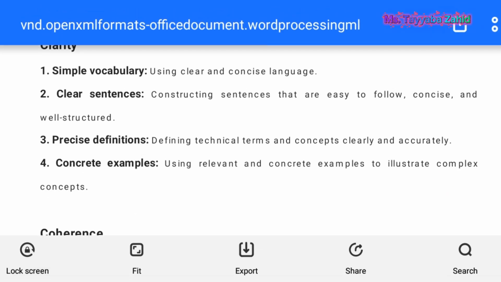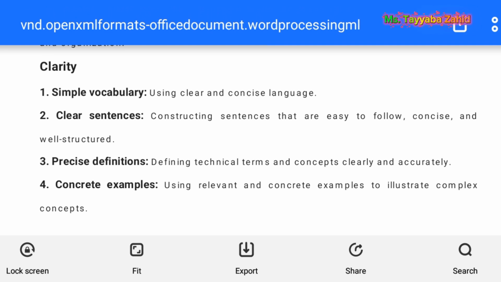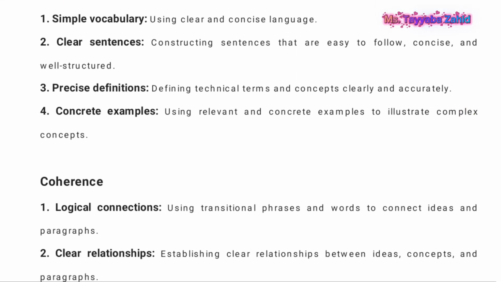Clarity means that first of all, you people have to use the simplest form of language, an understandable form of language. Your vocabulary should be clear. Your vocabulary should be understandable for your reader or for your audience. You are responsible to use simple sentences. Just don't create ambiguity among the multiple sentences.